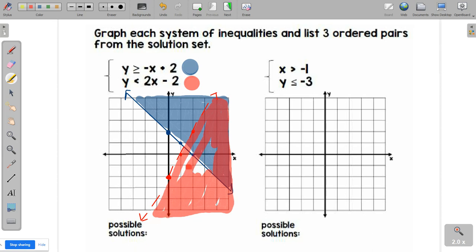So our solution here is where both of these shaded regions overlap. So this darker color right here is our solution. So it could be any point in this color region or on a solid line. So possible solutions here. We have 2, 0 is a possible solution.